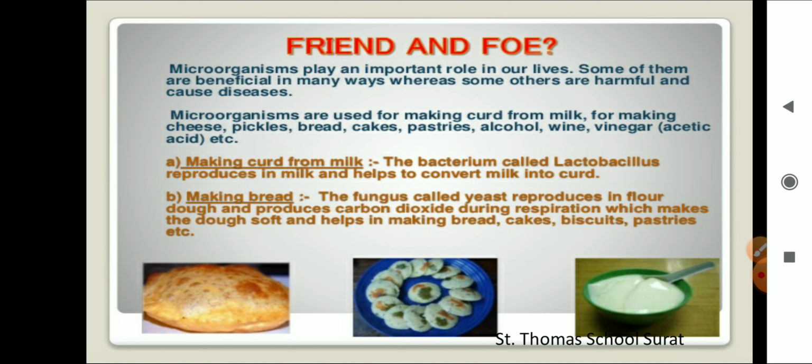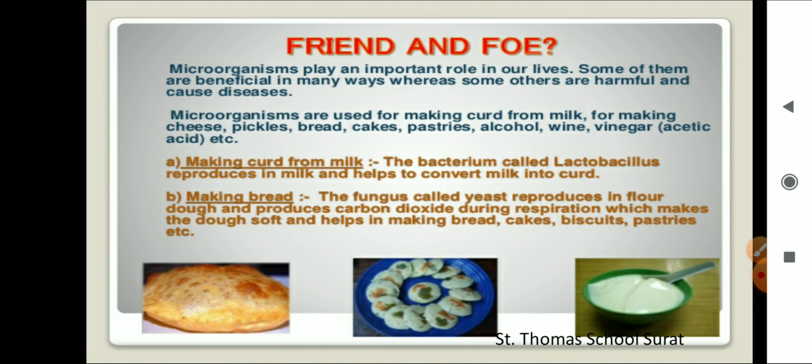We are using the fungus that we call yeast. What does the yeast do? It reproduces in the flour dough, and what does it produce? It produces carbon dioxide during respiration, which makes the dough soft and helps in making bread.